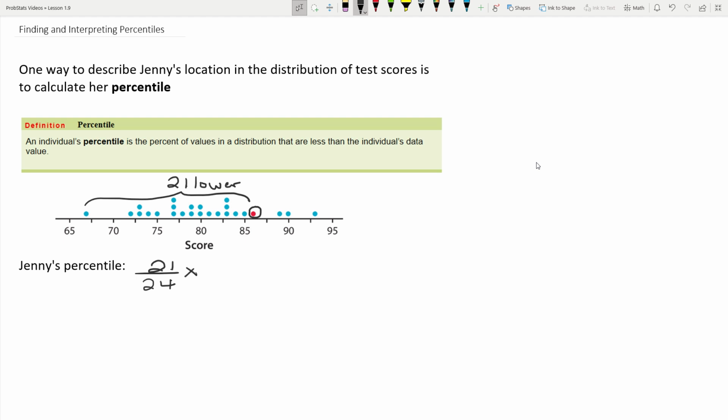And then we times this by 100, and that will give us 84%. All right, this means that Jenny is at the 84th percentile of her class.